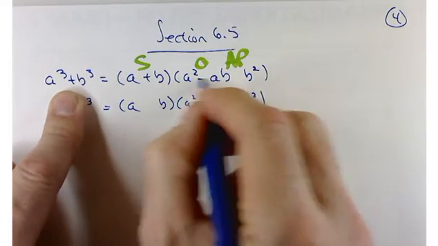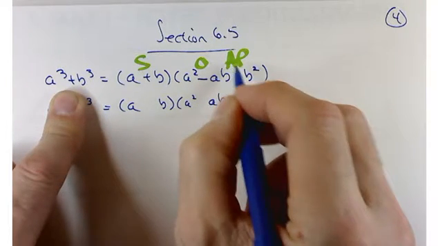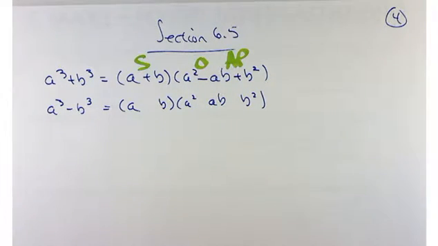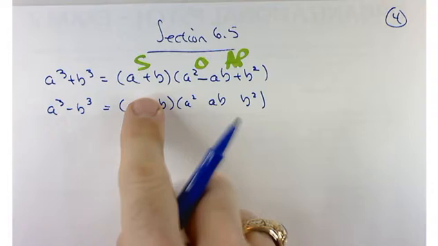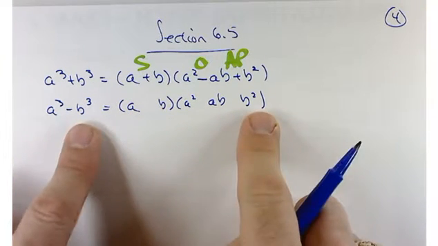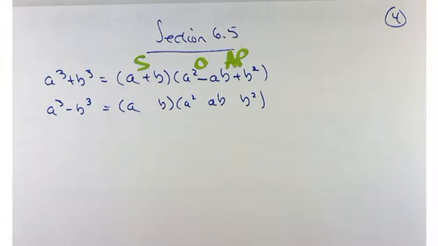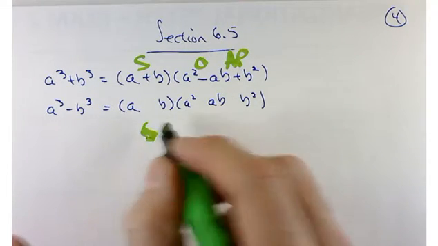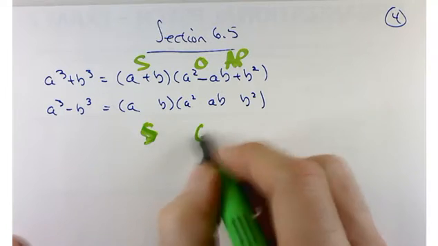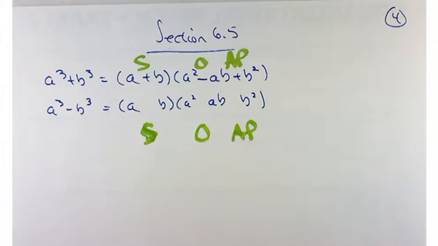Opposite. And the last one is always positive. So your signs for these formulas are same sign, opposite sign, and always positive. See if you can fill in the signs down here for the second formula using that same idea. That same mnemonic helps you out in both formulas. Same sign, opposite sign, always positive.